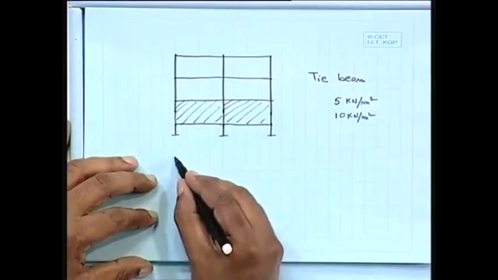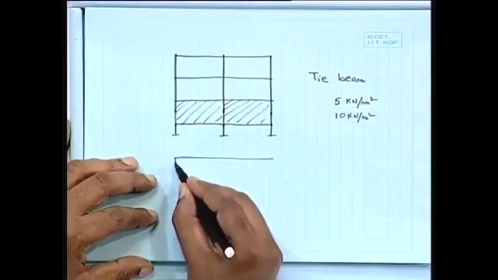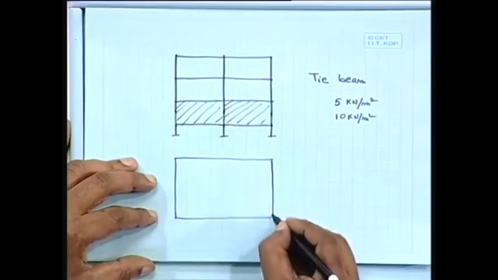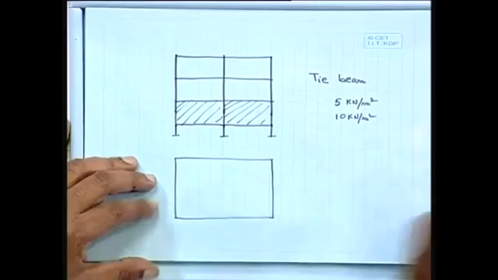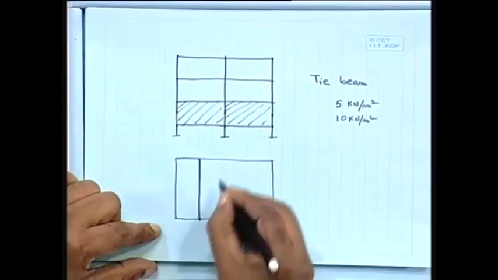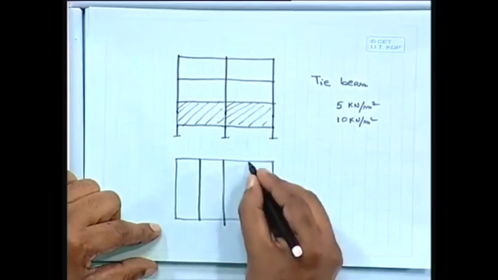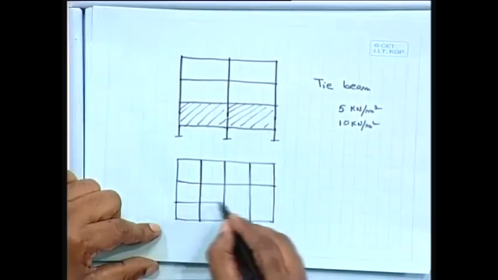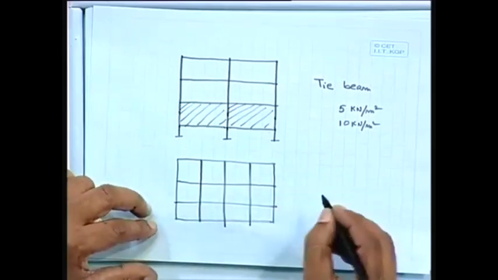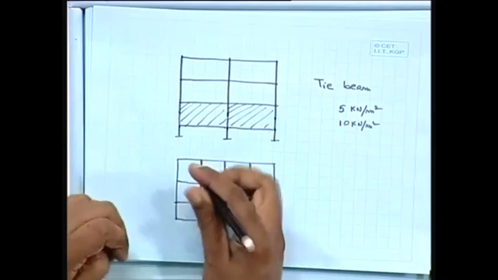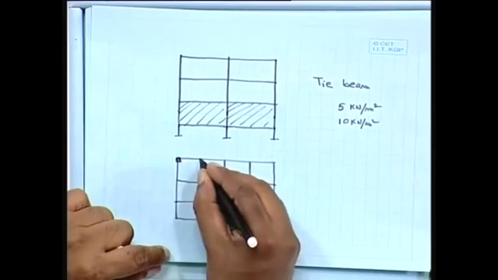So if you have a plan of a building where we are having so many columns, each of them has a different column position.